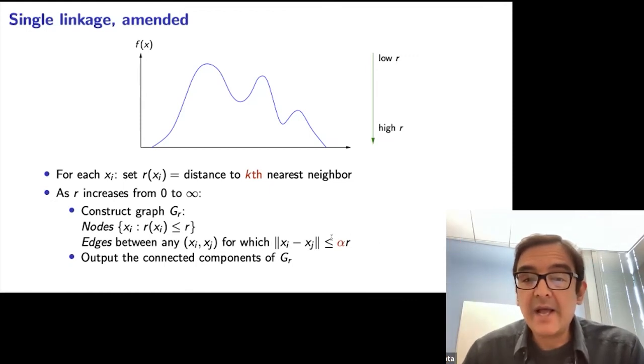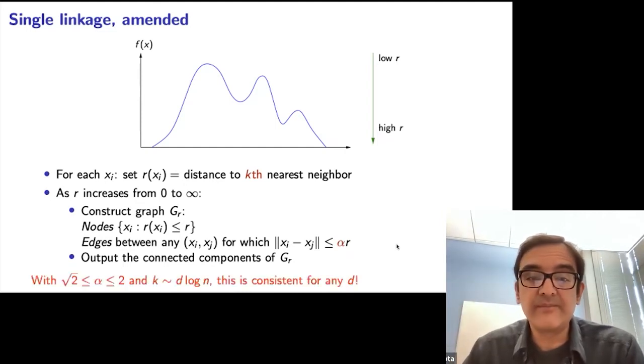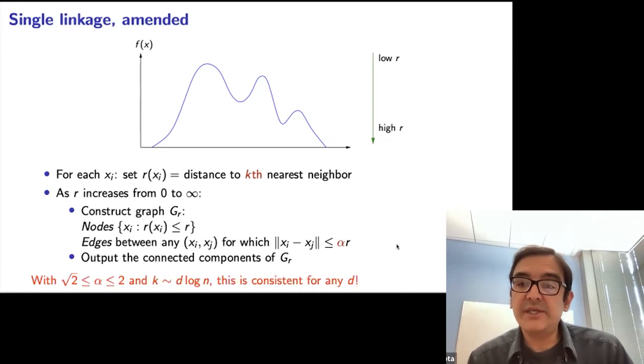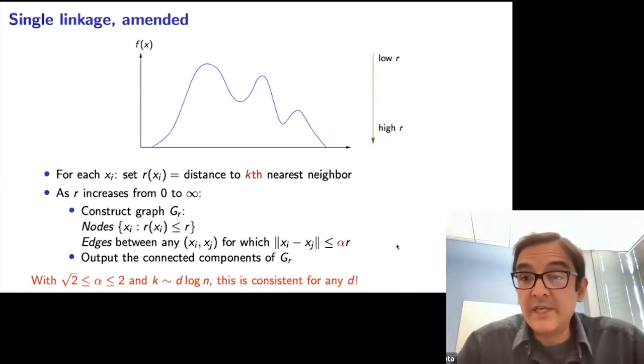We're going to take alpha to be square root 2. So we join together points within distance R square root 2. If you make those two changes, then it turns out that this amended single linkage procedure is consistent in any dimension. And moreover, you can also give finite sample rates, okay.